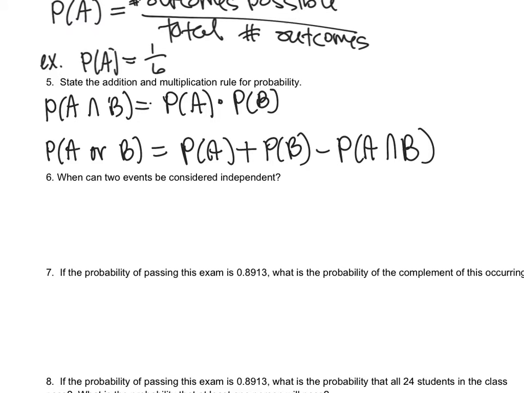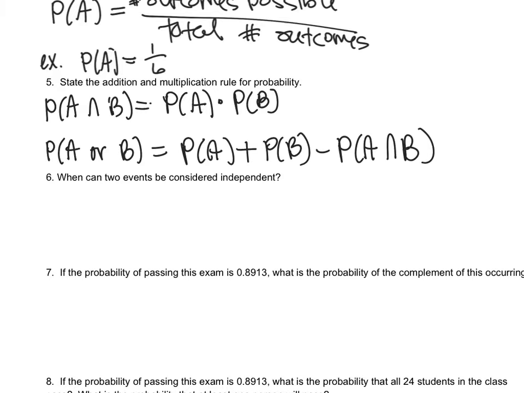So you have to first determine whether or not you have an independent event so that you know if you can just add the probabilities together or if you have to subtract their overlap.